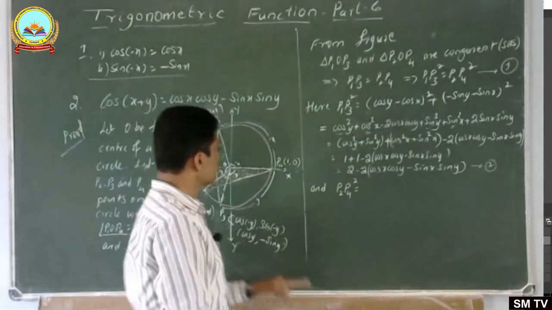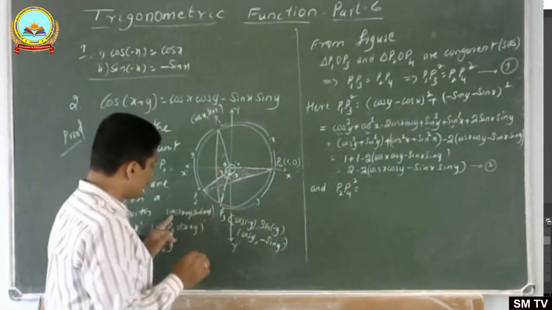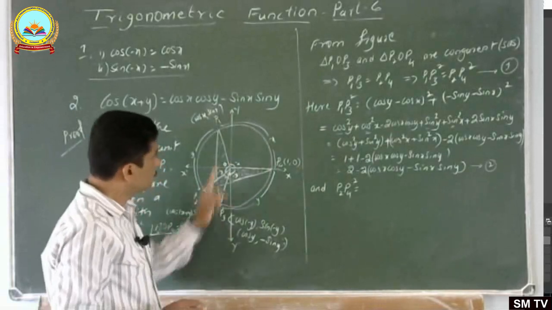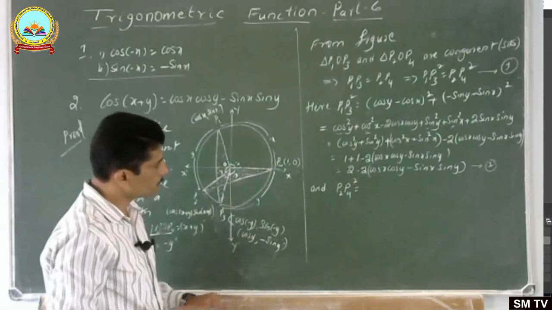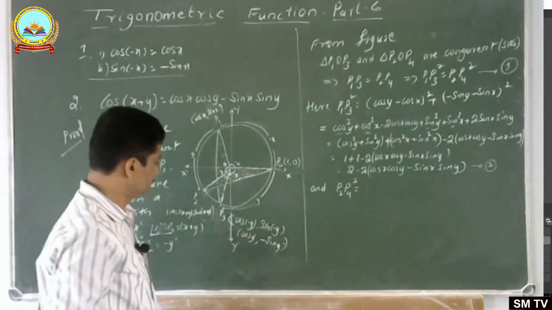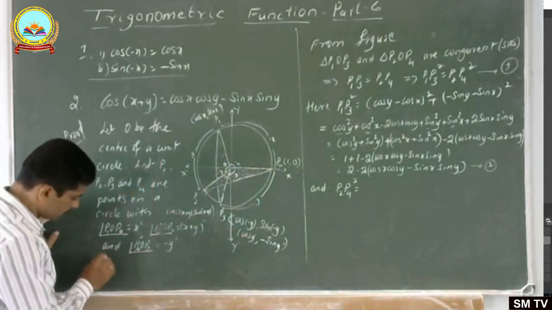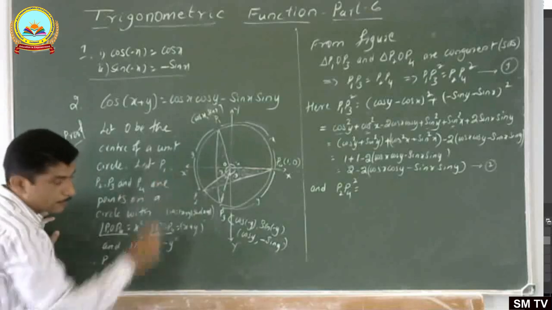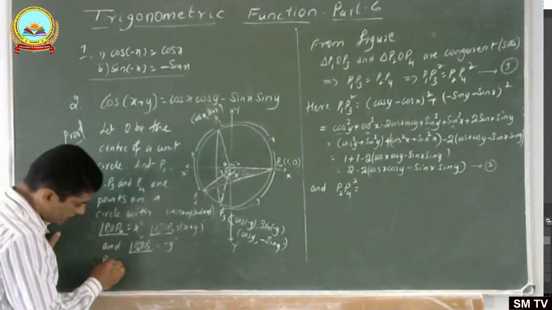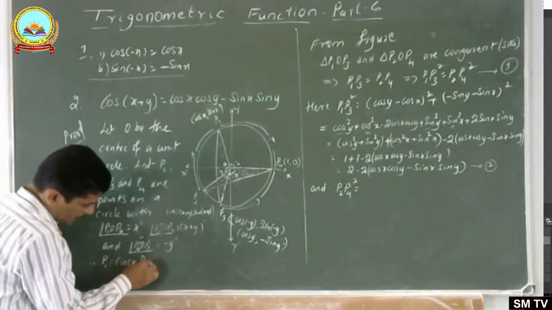Here P2 means, what is the coordinate of P2? Cos of x plus phi comma sin of x plus phi, and P4 means 1 comma 0. Is clear? Therefore you better write the coordinates of P1, P2, P3, P4. The coordinate of P1 is cos x comma sin x.